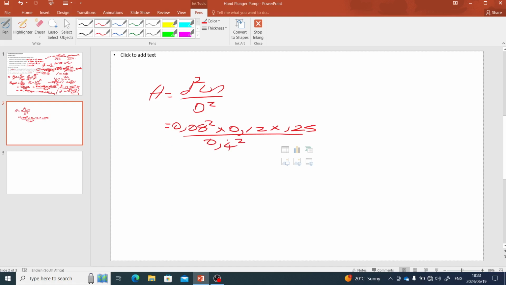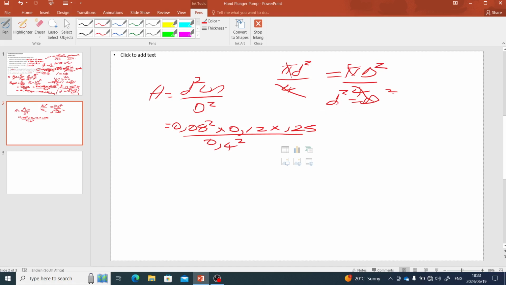Don't forget to square your diameters because it is taken from pi divided by 4 d squared. The 4 and the 4 will cancel, pi and pi, then you'll be left with small d and big D in that formula.